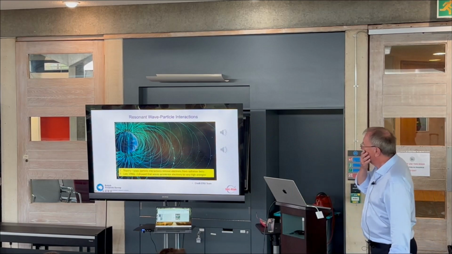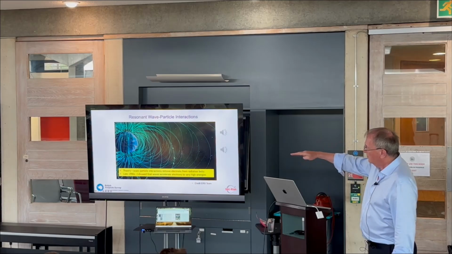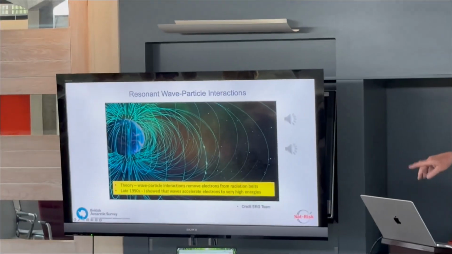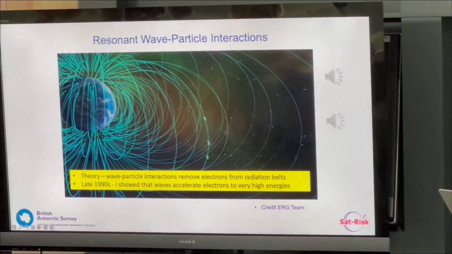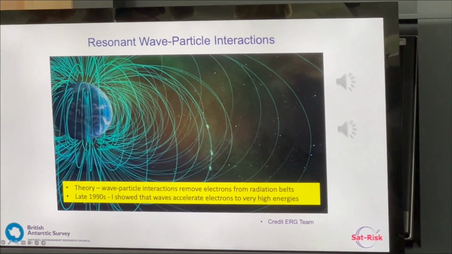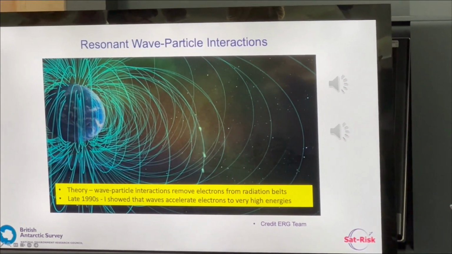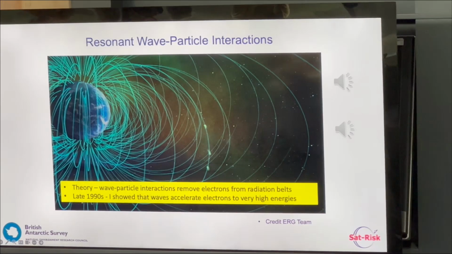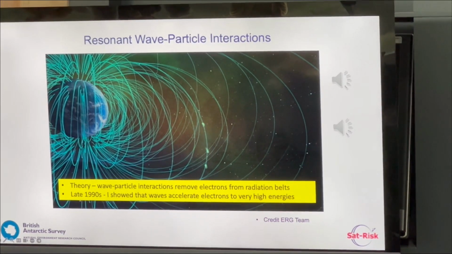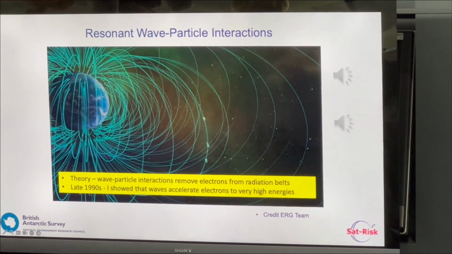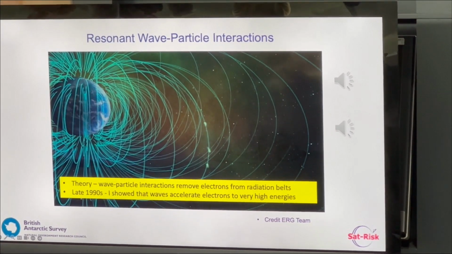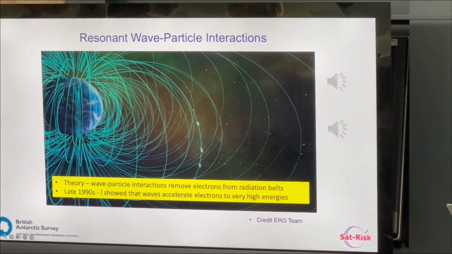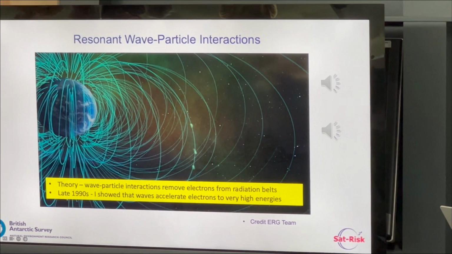All that time, the theory said these wave-particle interactions would just remove the particles. But in the late 90s, myself and colleagues in California and in Canada, in a collaboration, showed these waves will accelerate the particles to very high energies, and then they're the ones that damage the satellites, by analysing our data in the Antarctic and data from satellites in space.